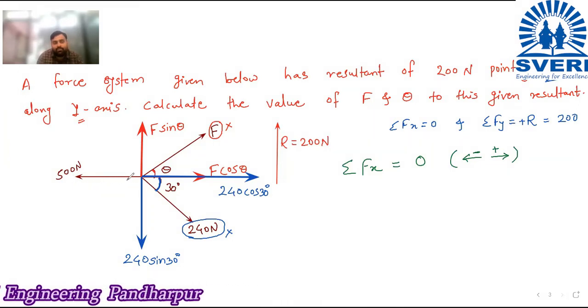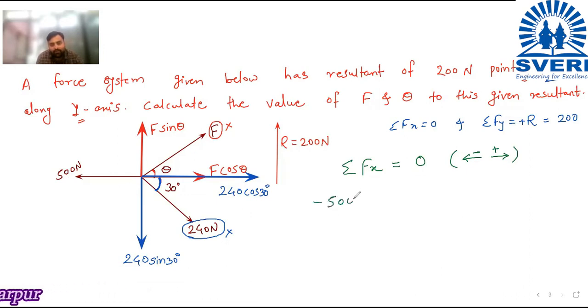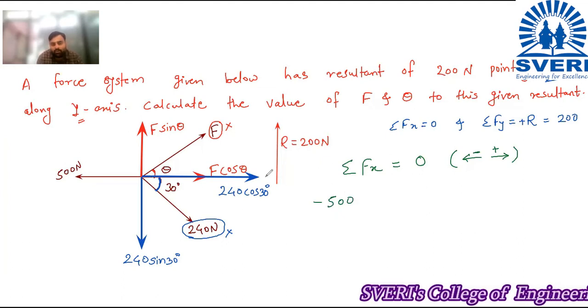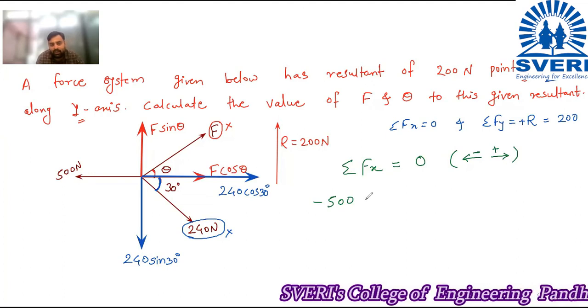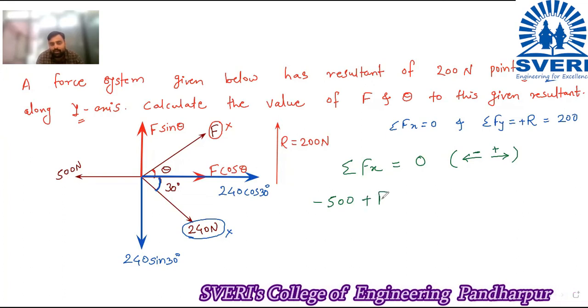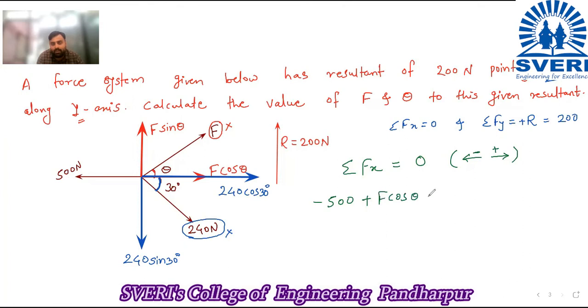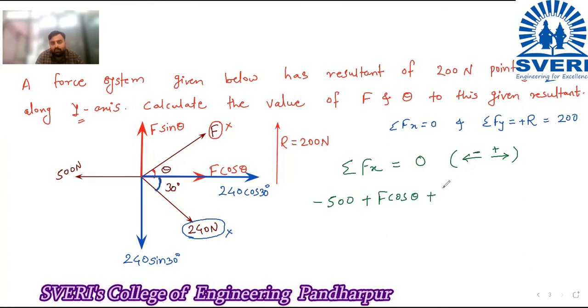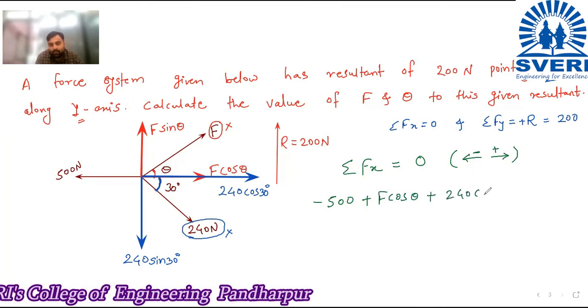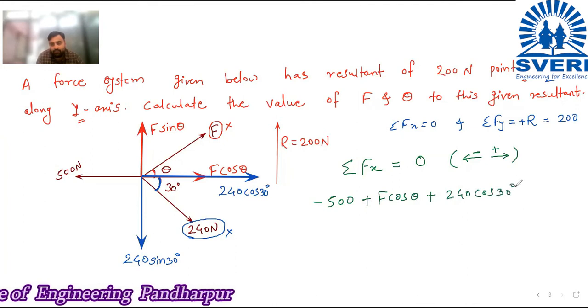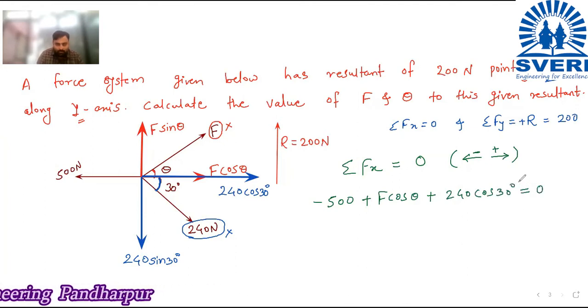The 500 Newton force is moving towards the left, so it is minus 500. This F sin theta will not come in summation Fx as it is a vertical force. Now F cos theta is a horizontal force moving towards right, so plus F cos theta, and then plus 240 cos 30, which is equal to 0. Am I right? Is there any force which is remaining?